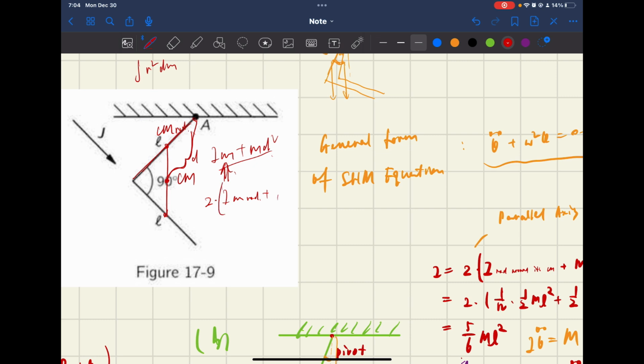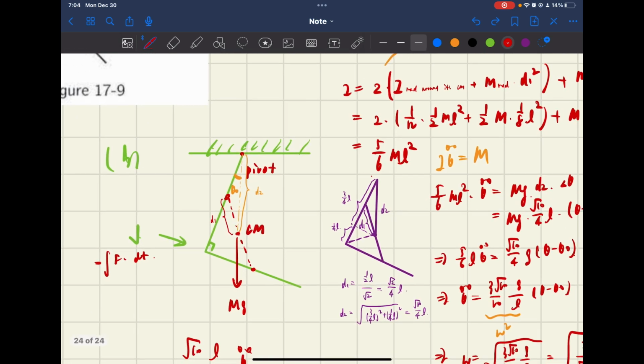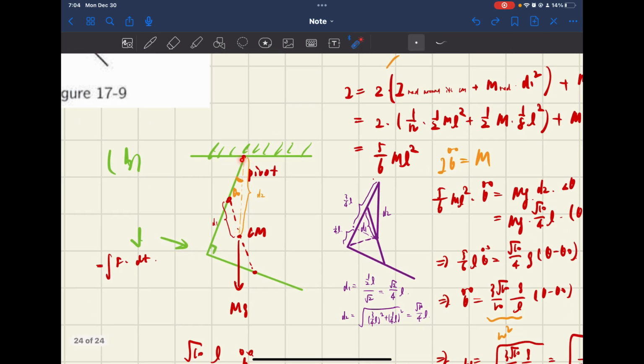We add the m of the rod, the mass of the rod, times this distance. Let me label it here. So this is D2, this is D2, and this is D1.